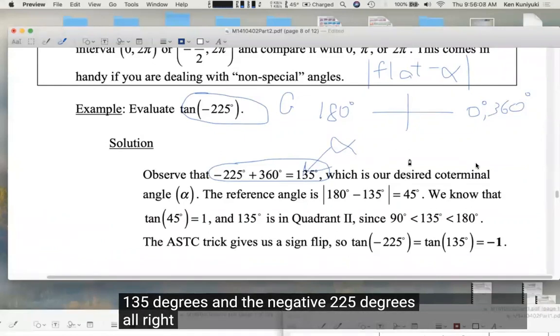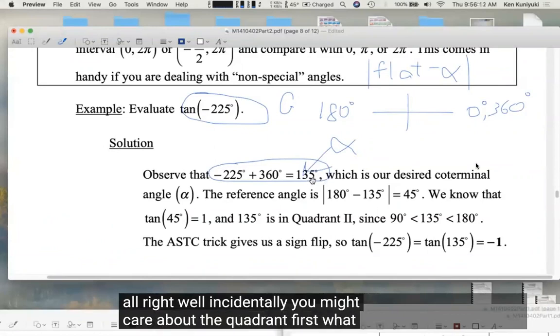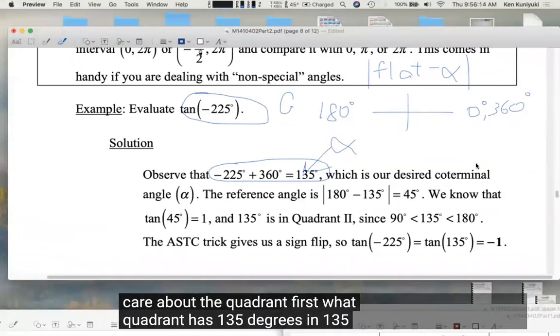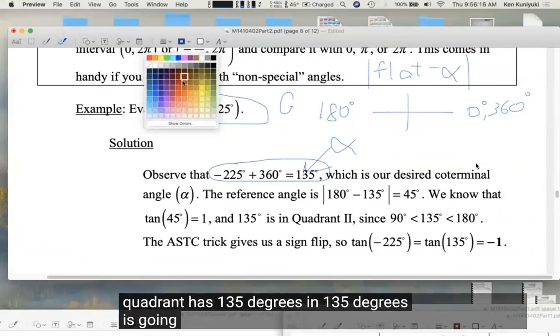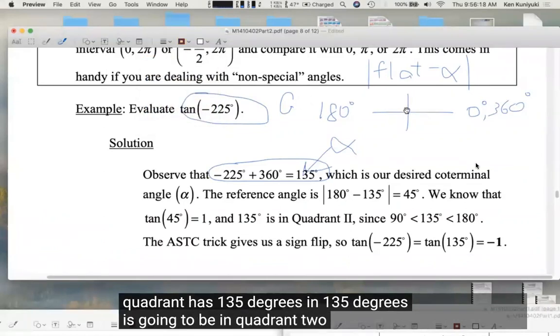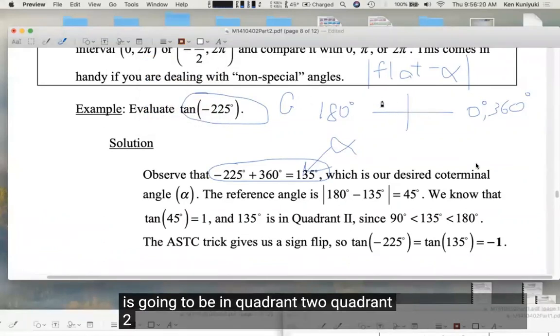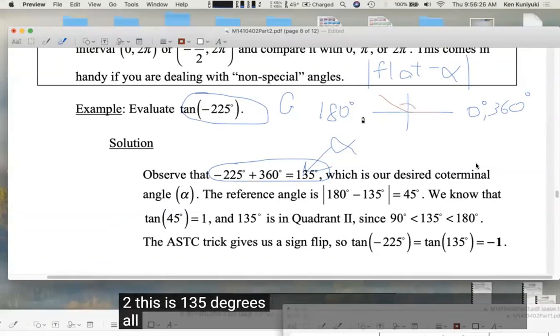Well, incidentally, you might care about the quadrant first. What quadrant is 135 degrees in? 135 degrees is going to be in quadrant 2.